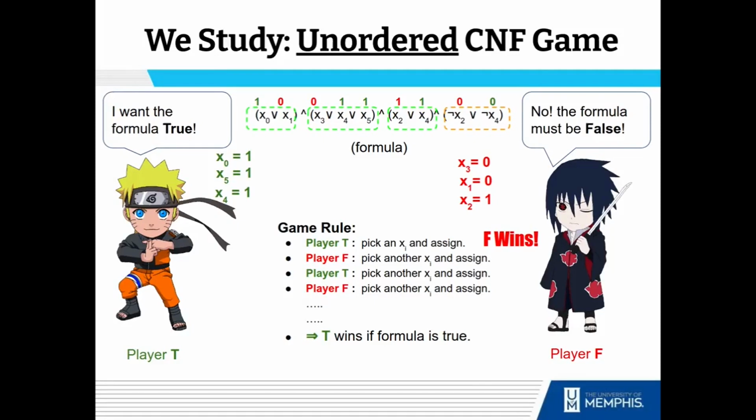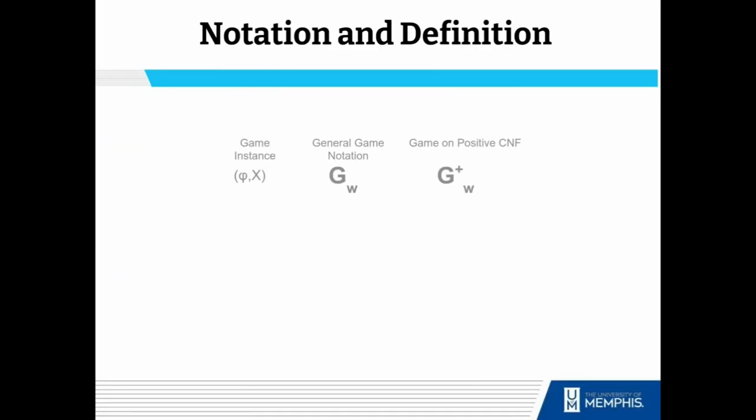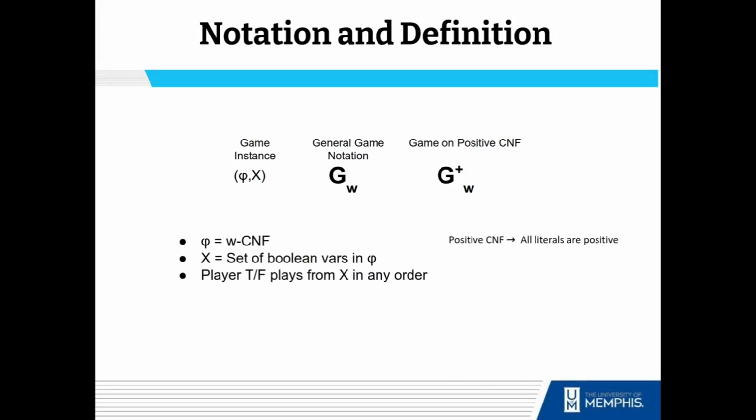All right. We'll go ahead and see the notation of this game. The game instance is determined by phi, the CNF formula, and x, the set of variables. The general notation for this game is G for game and W for WCNF, and if the game happens on a positive WCNF, then we say G plus W. The positive CNF means all literals are positive in a CNF formula.